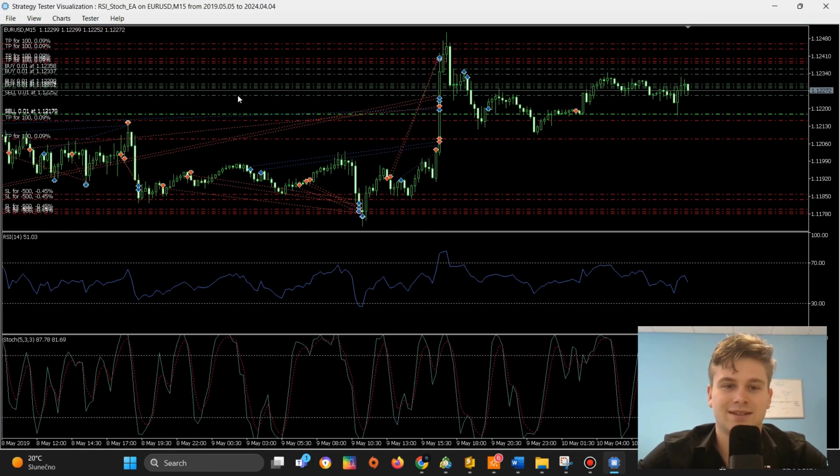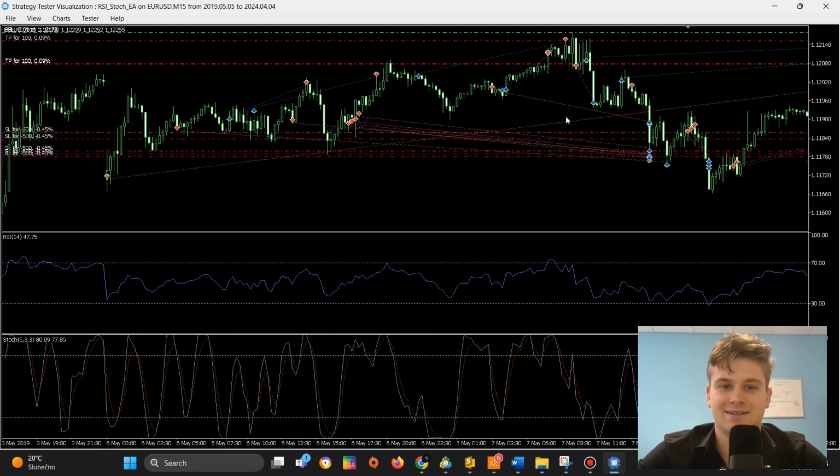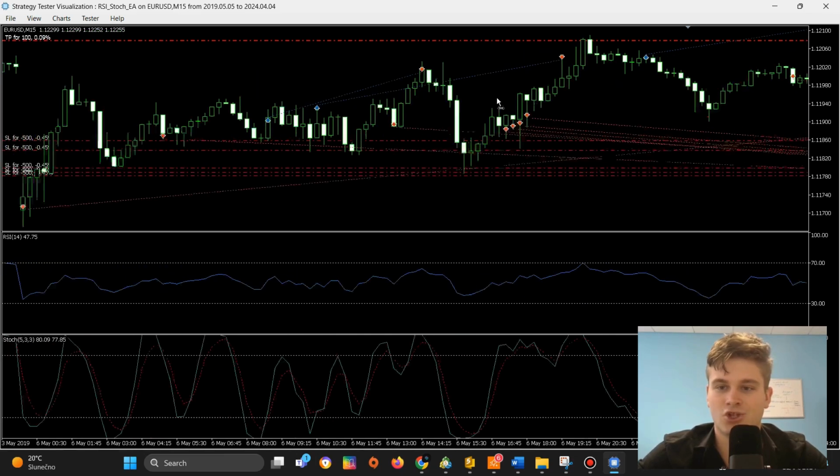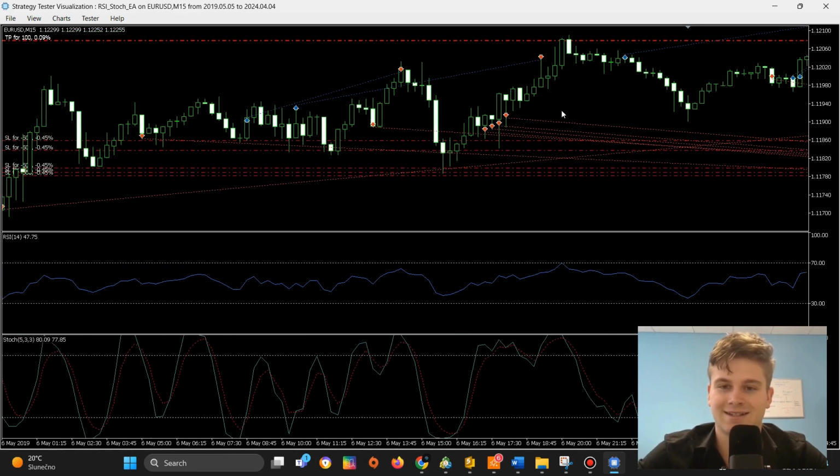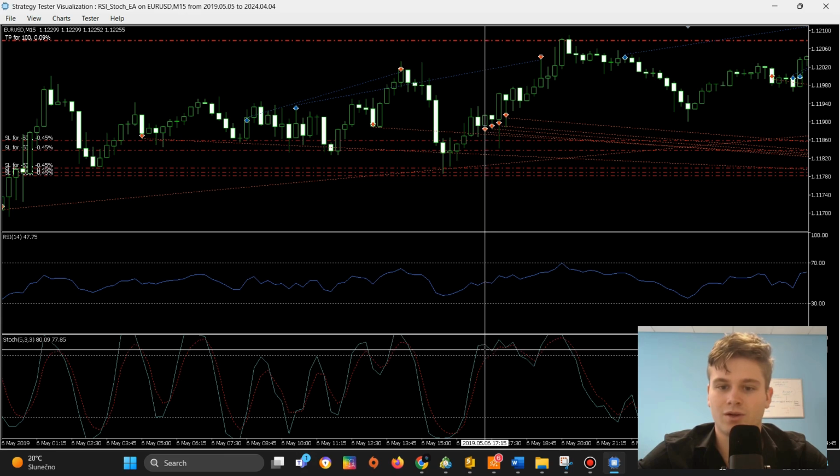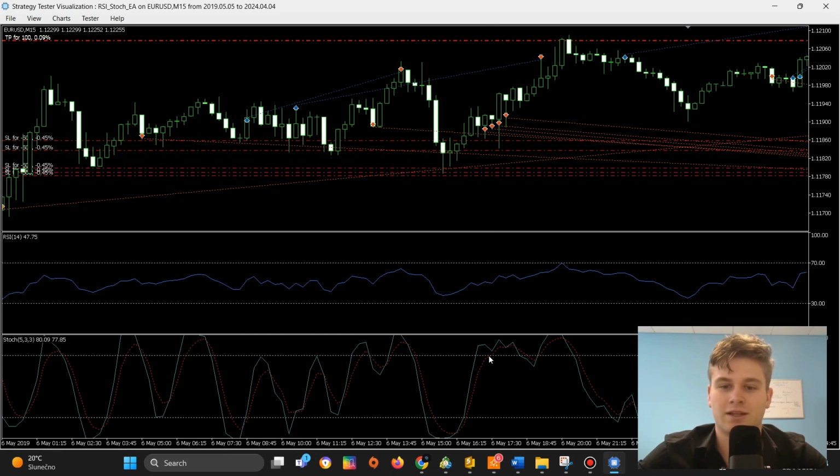The issue is that we will get a lot of fake signals because we are using a shift of 0 on the stochastic indicator. What happens is that the stochastic value can go below the 80 level in the process of creating the bar. But then when the bar is finished, the stochastic value can change.